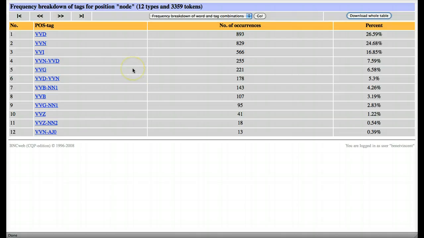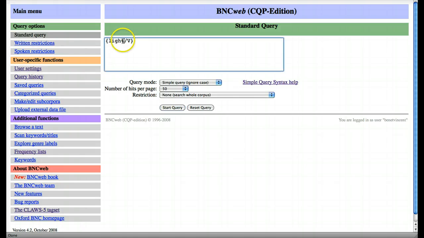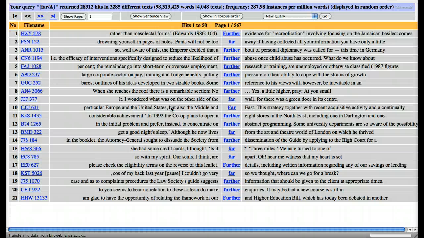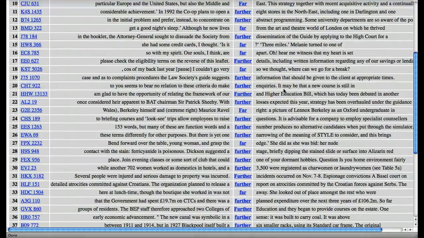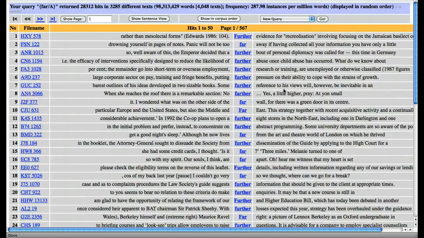Right, let's now look at the other tasks we had in the activity. Far was the first one, and we wanted to look for it as an adjective. So here again we have all forms like far, further, mainly far and further, but we can quantify this by looking at the frequency breakdown.